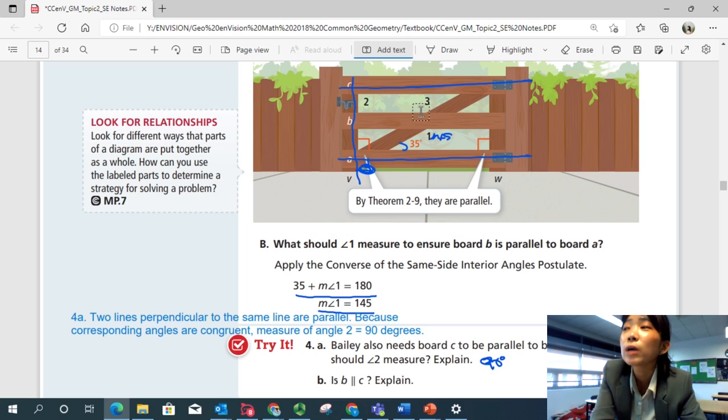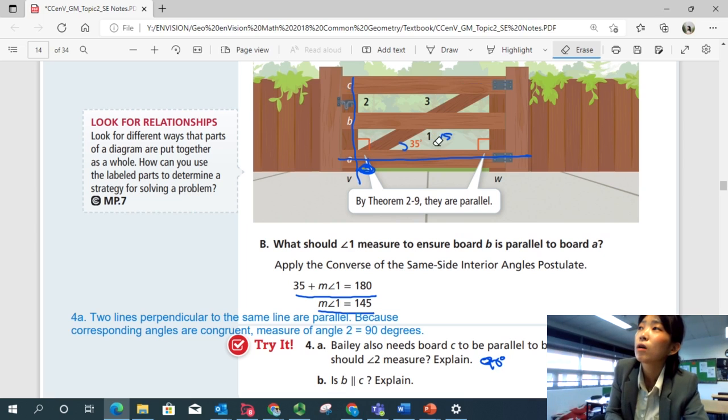But if we say that, oh, the example is a separate thing, if we just look at the given information here, is it enough information? No, if we just look at this information here, it is not enough information. We only have these angles. We only have 35 degrees angles between these vertical boards and line A. And we don't have enough information to say B and C must be parallel. So in that case, they're not.